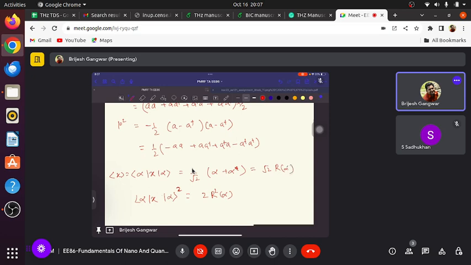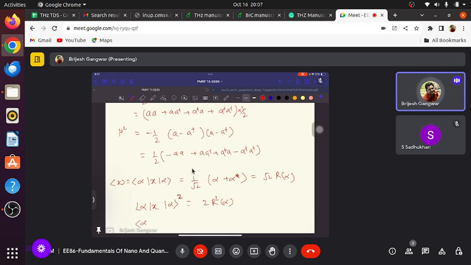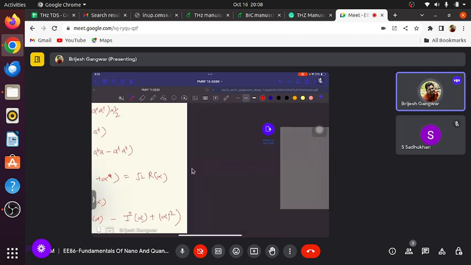But if you calculate the value of x square average, it gives you first this x will come out, x square on this alpha, and this will be something like real square of alpha minus imaginary part of alpha plus mod alpha square. This becomes this expression.